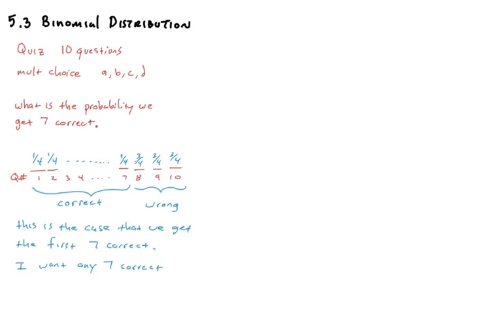So let's write mathematically what we have so far. Correct is 1 out of 4, and since we multiply these 7 times, this is technically to the power of 7. That's just our shorthand. Then wrong has probability 3/4, and we want 3 of them wrong.